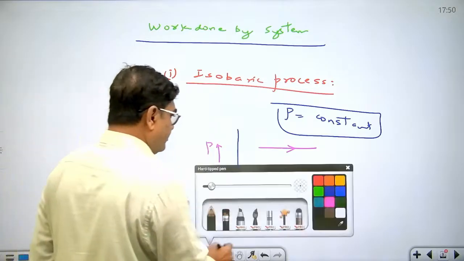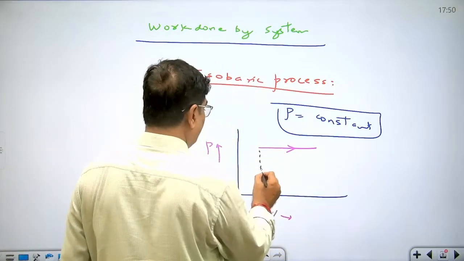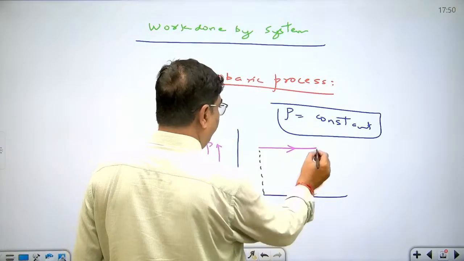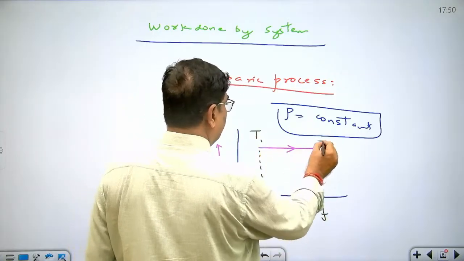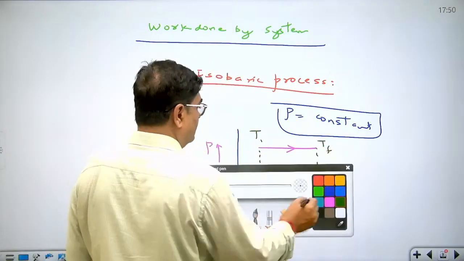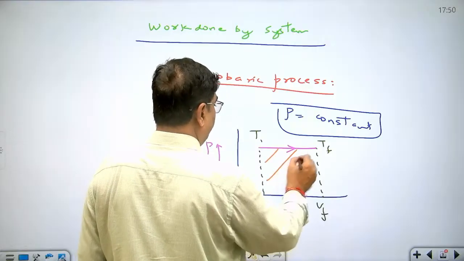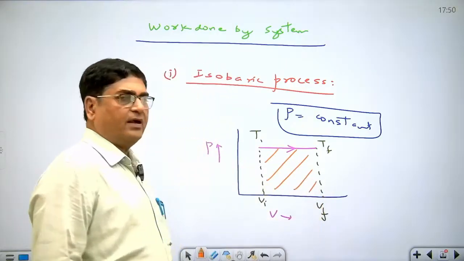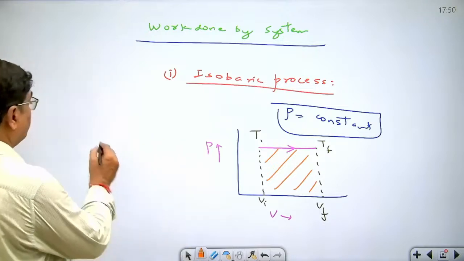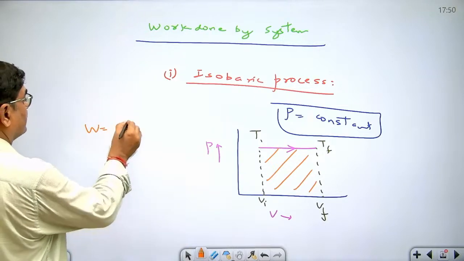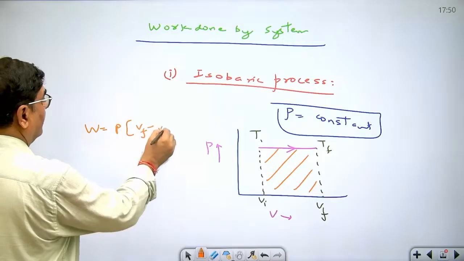If initial volume of the gas is V initial and final volume is V final, initial temperature is T initial and final temperature is T final, we have already seen that work done by the gas is the area under the PV curve bounded by the volume axis. So in this case, work done by gas is P times V final minus V initial.